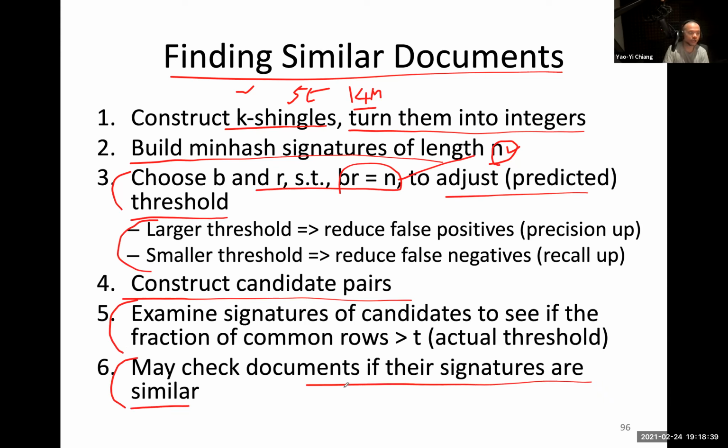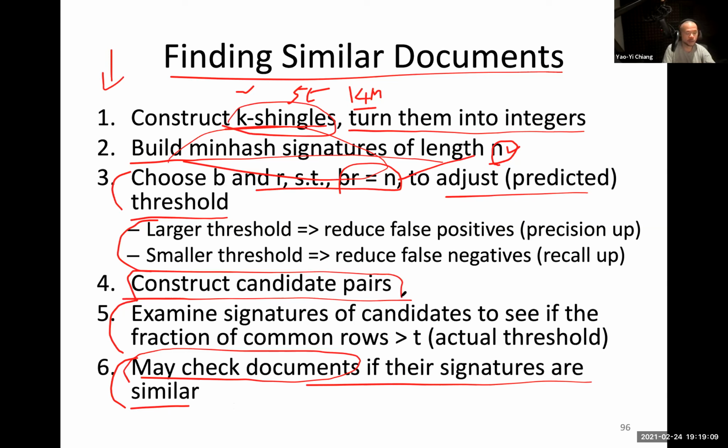This means after you generate the candidates, you can take either the min hash signatures of the documents or the original K shingles, depending on how much computational power you have, and really verify if they are similar. So one thing that's not listed here is how we generate candidate pairs, right? But I think I showed you that on the whiteboard.